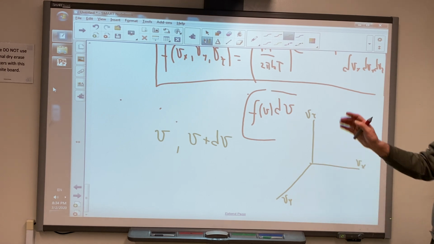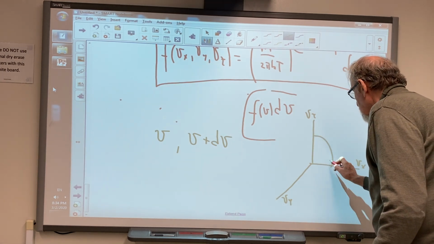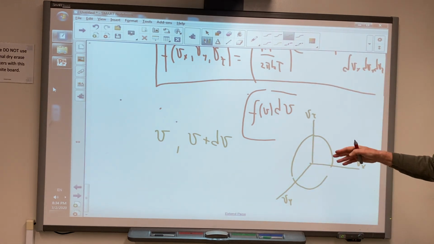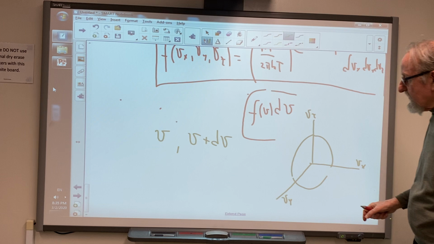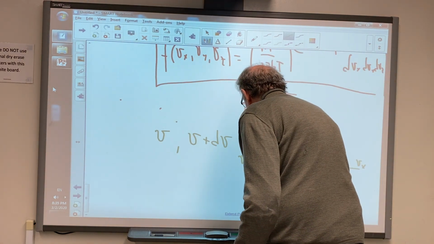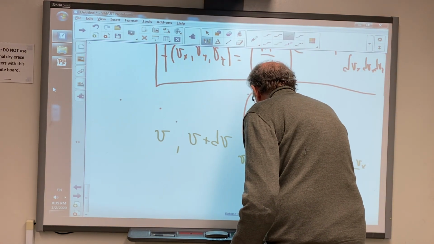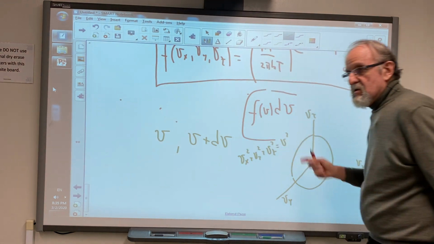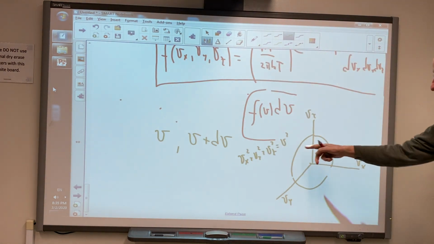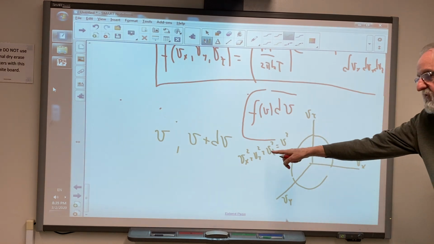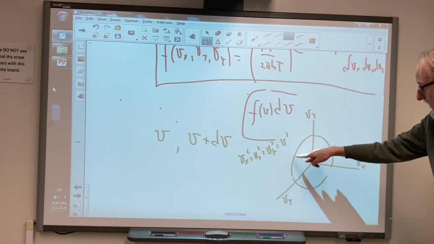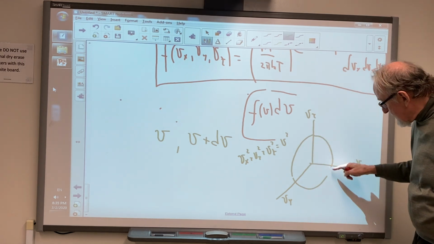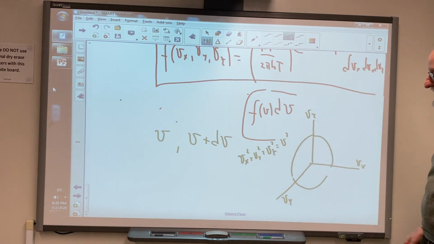If vx squared plus vy squared plus vz squared is equal to v squared, this is the equation of a sphere, in this case just the shell of the sphere.